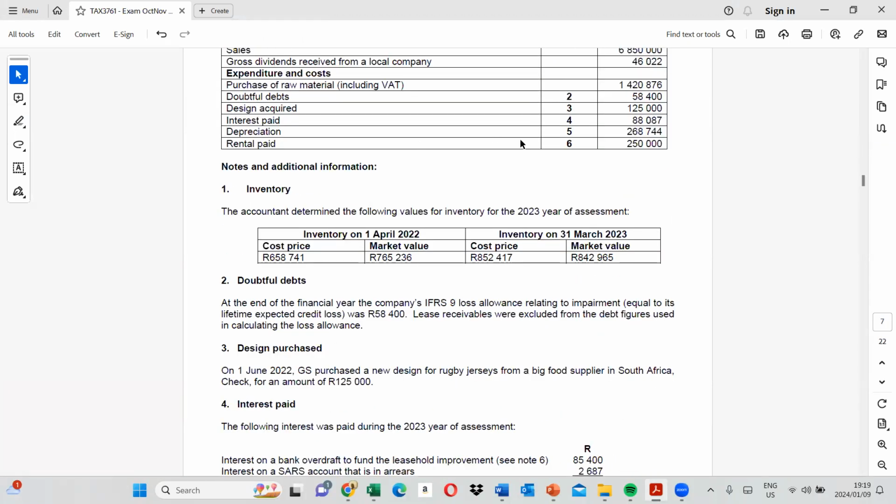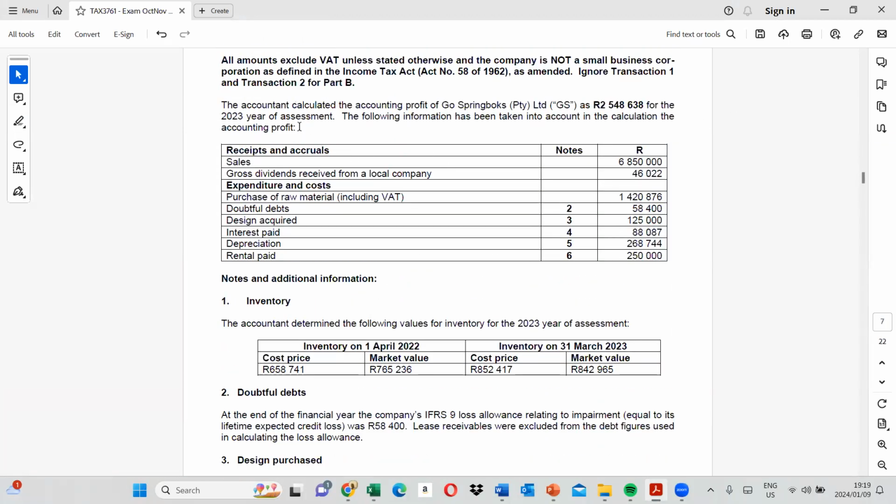So we have the receipts. This is what we have, the sales. Normally, the rules for sales are the same. Sales is the same for accountants and SARS. And then we have gross dividends received from a local company, which is sitting at 46,022.